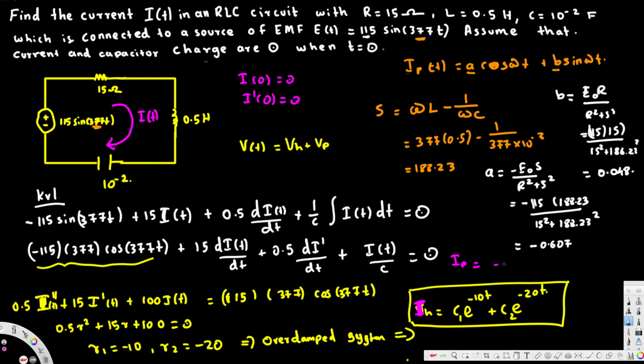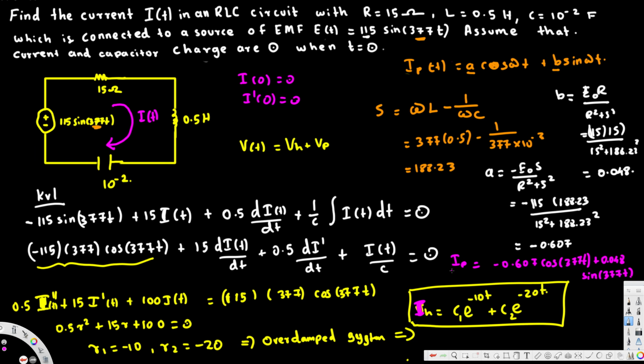A is negative 0.607 times cos 377t, plus B, 0.048, times sine 377t. So this is a particular solution for the differential equation.